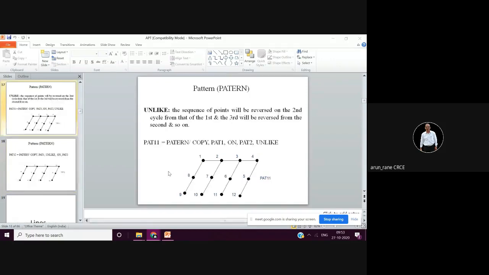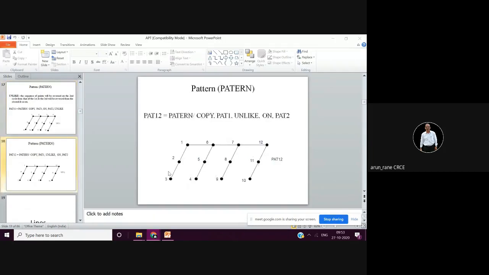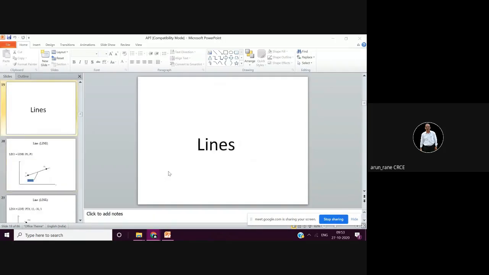I'm showing you various ways of defining points. Now, once you have defined the points, we have seen various methods, out of which we will remember only that points are defined by x, y, z coordinates. That's all. We will not remember any other command.